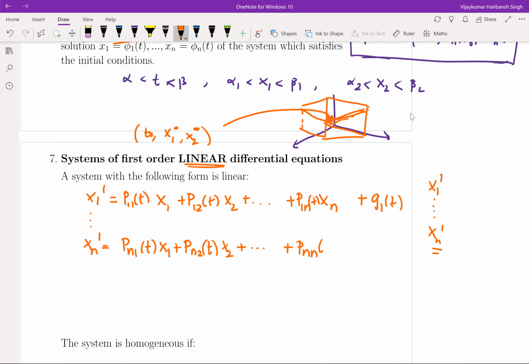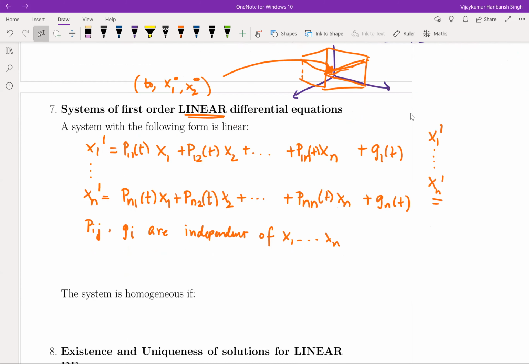You can see that the pij's and gi's are independent of x1 to xn.